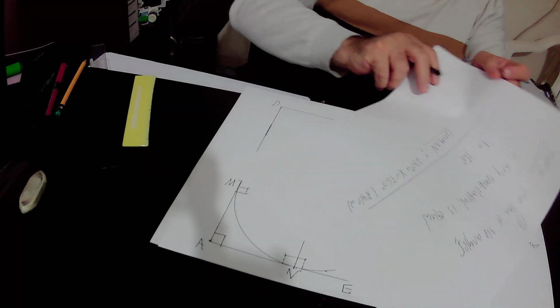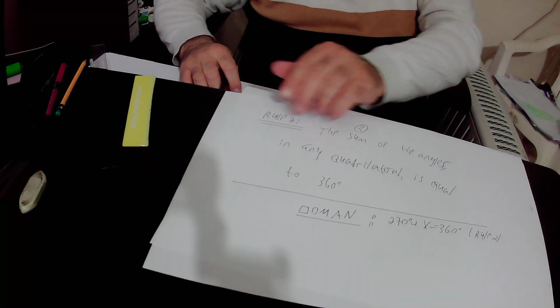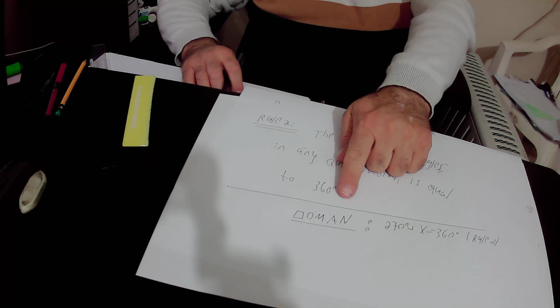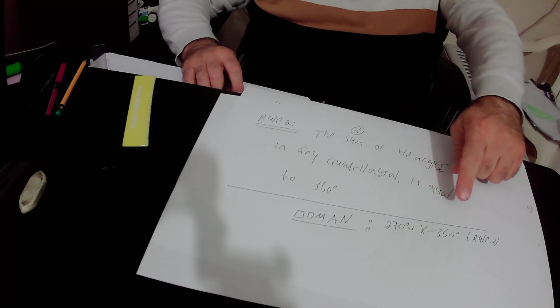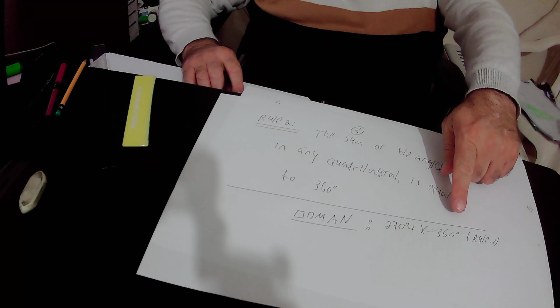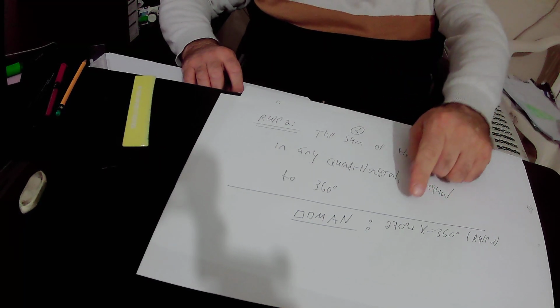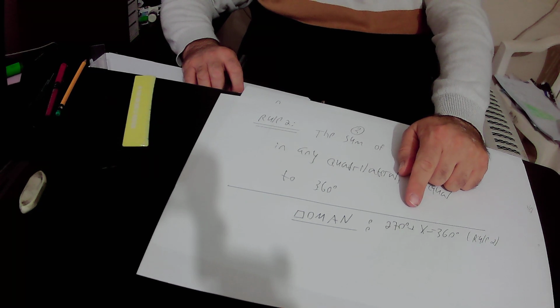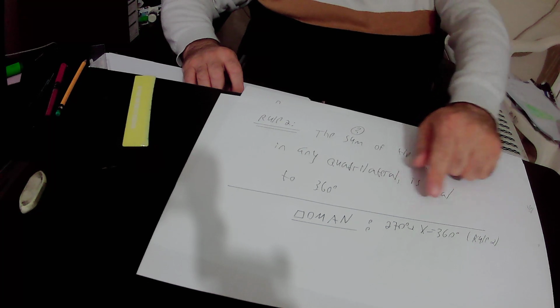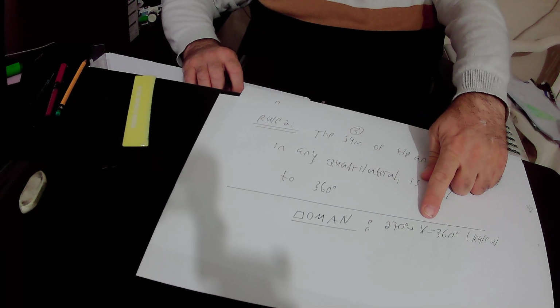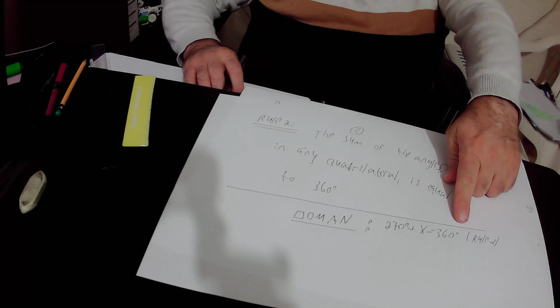I will repeat again. In quadrilateral OMAN, the sum of the angles must be equal to 360 degrees according to rule number 2. We have 3 right angles. The sum of 3 right angles is 90 times 3, which is 270 degrees, plus the size of the fourth angle, angle X, must be equal to 360 degrees.